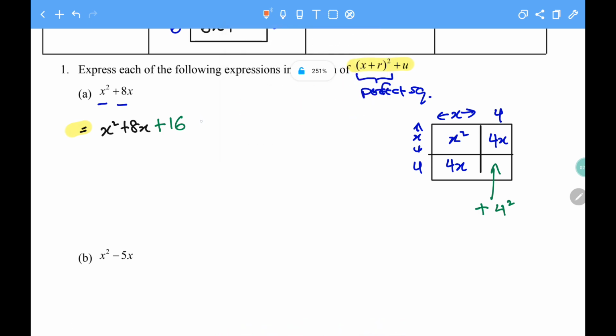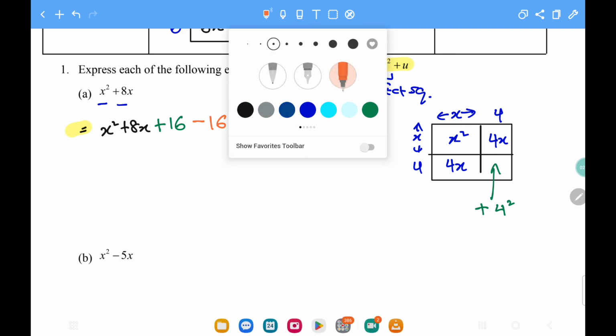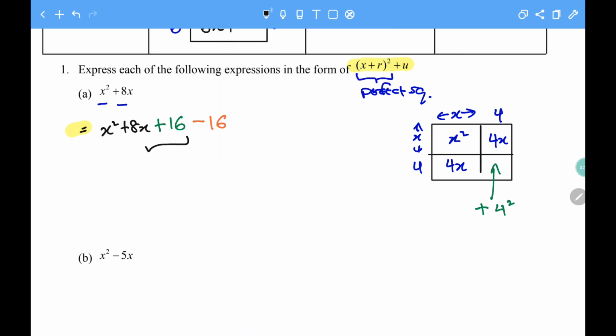So what I do is at the back, I subtract 16. I don't throw away 16 because these first three terms will help me to form the perfect square. Why I subtract 16 behind is to make the first line and the second line equal.